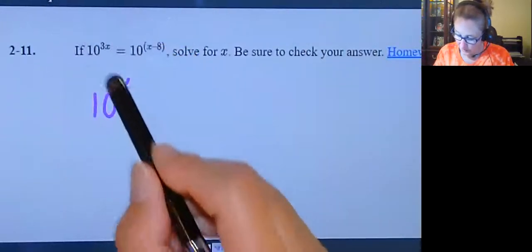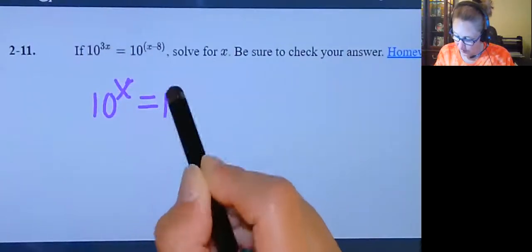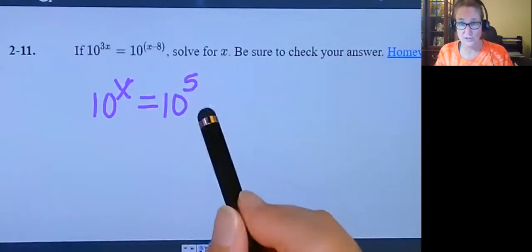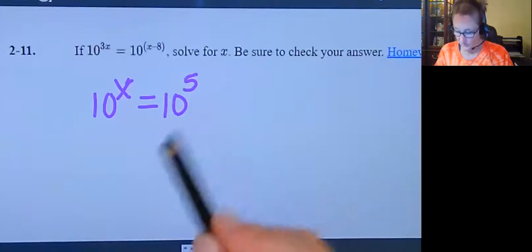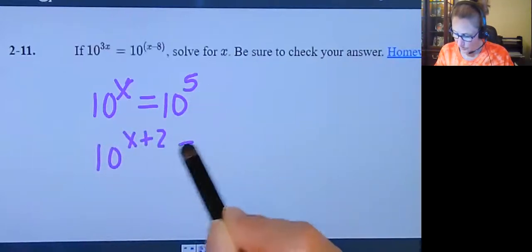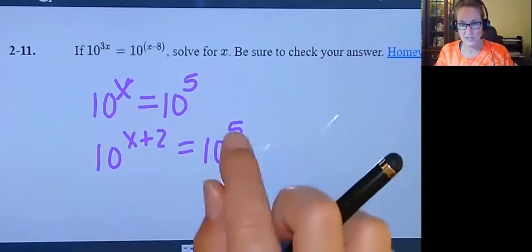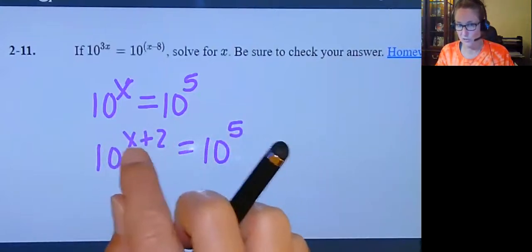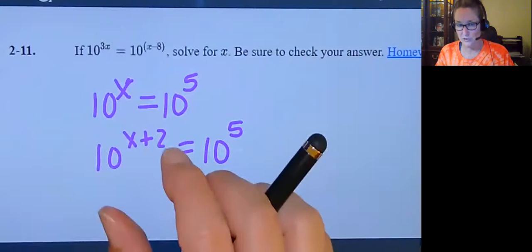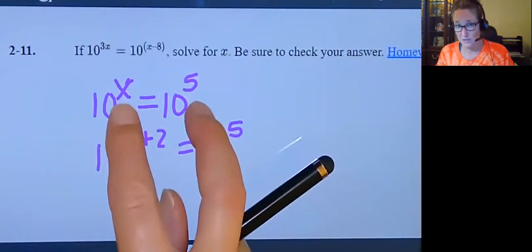If I have 10 to the x is equal to 10 to the 5th, I think a lot of us could tell me, oh, x has to be 5. And if I had 10 to the x plus 2 is equal to 10 to the 5th, I think a lot of us could go, oh, since this is a 5, this would have to be a 3. Basically what's true is when the bases are the same, the powers have to equal each other.